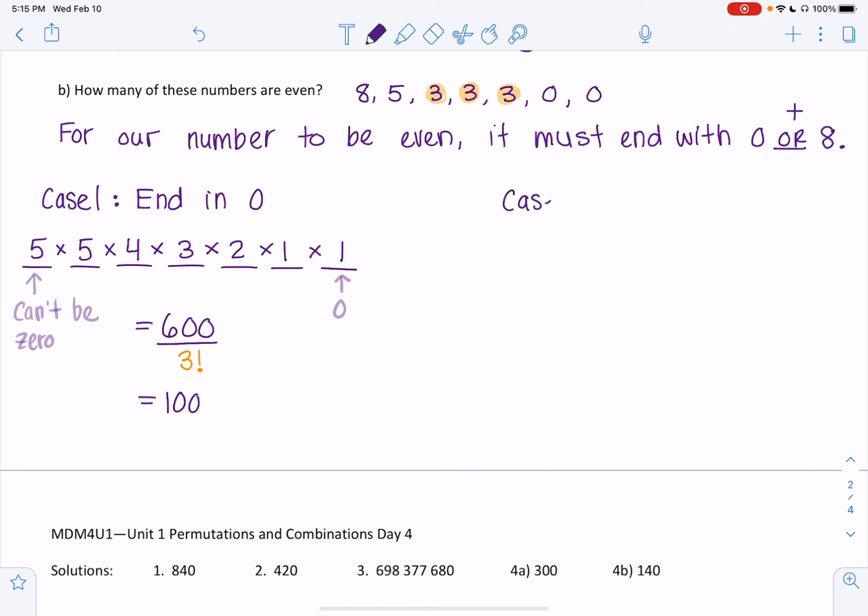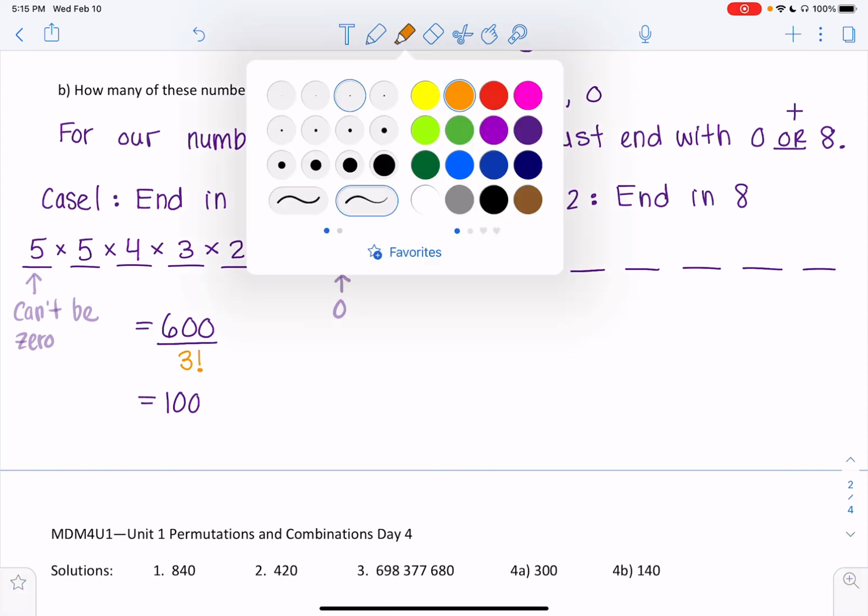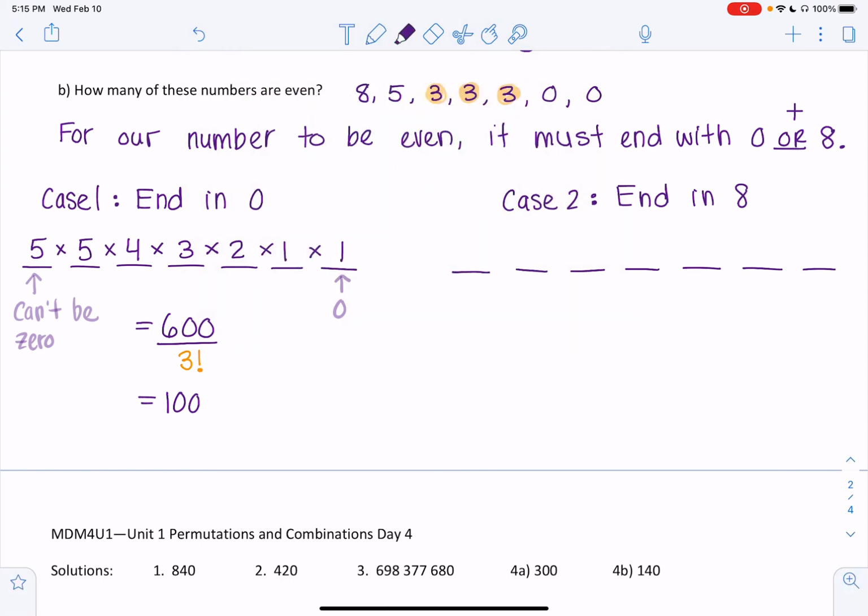Now let's look at case 2. This is where we end with an 8. So we'll map out our options, 1, 2, 3, 4, 5, 6, 7. And our last one here has to be an 8, right? Because we're saying it ends with 8. So there's only one way that can happen.